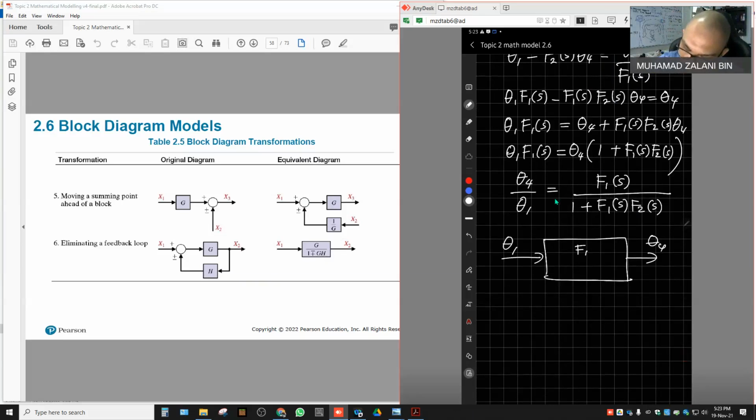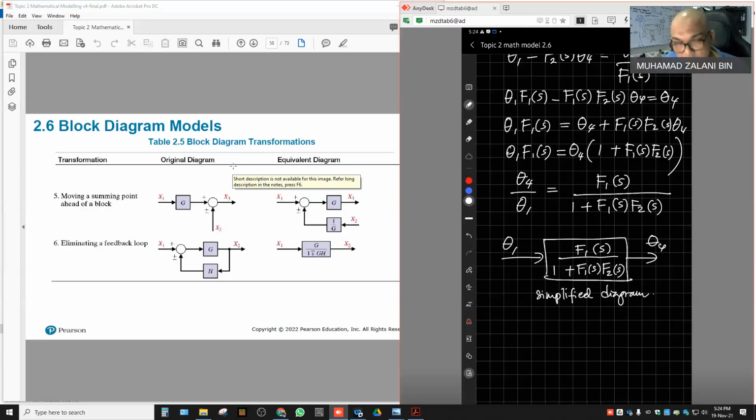Inside the block is the function F1S divided by 1 plus F1S F2S. Alright, so this is the simplified diagram of the system with feedback.